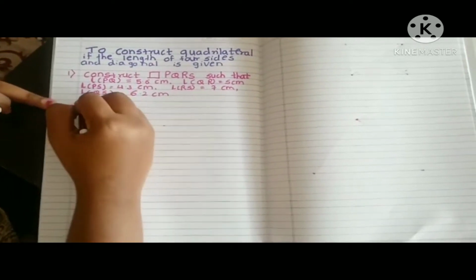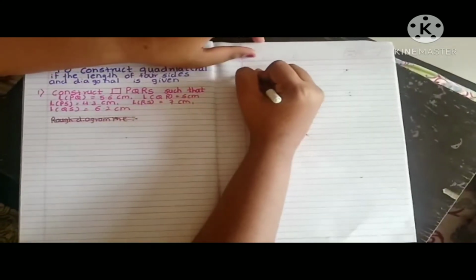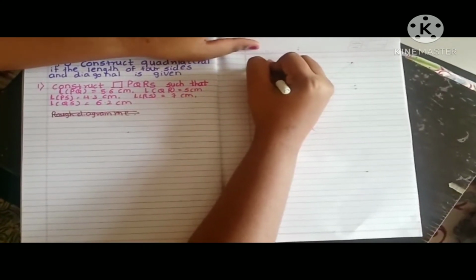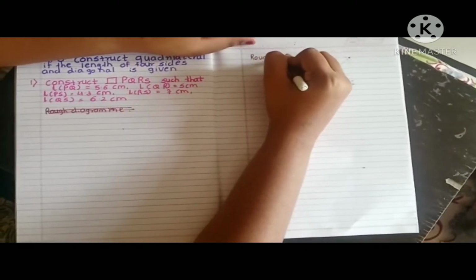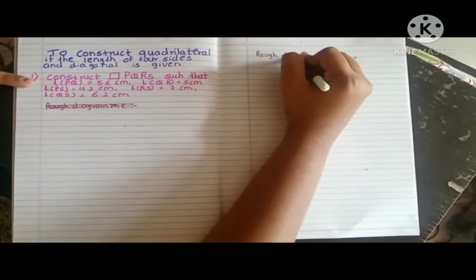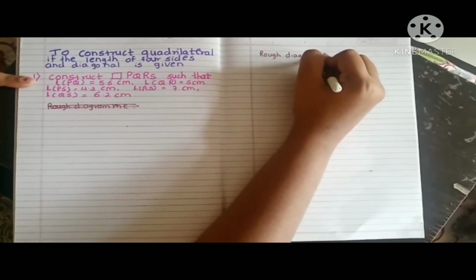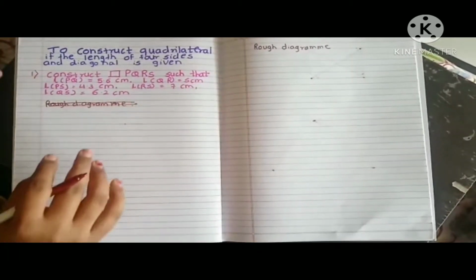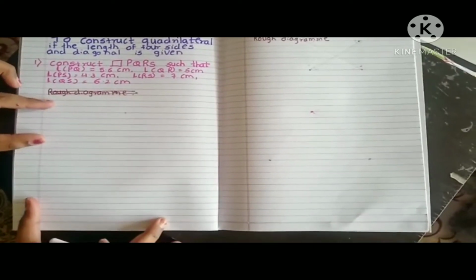So first, let's see the rough diagram of our example. Usually in the paper you will draw the rough diagram over here and below that you will do the construction.